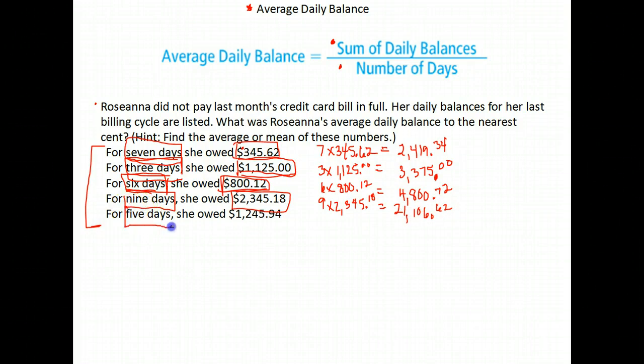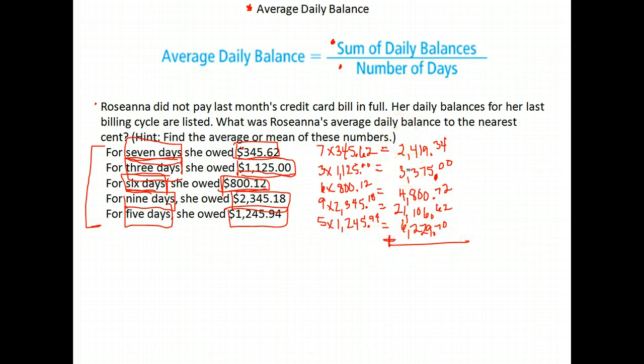And finally, the last 5 days, she had a balance of $1,245.94. 5 times $1,245.94 gives us $6,229.70.